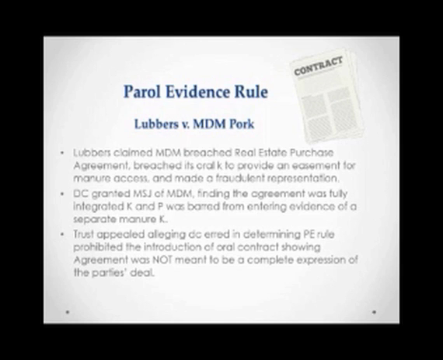So the Lubbers Trust appealed, alleging that they should be allowed to introduce some evidence about this contract, because the real estate purchase agreement wasn't intended to be the complete expression of the agreement.